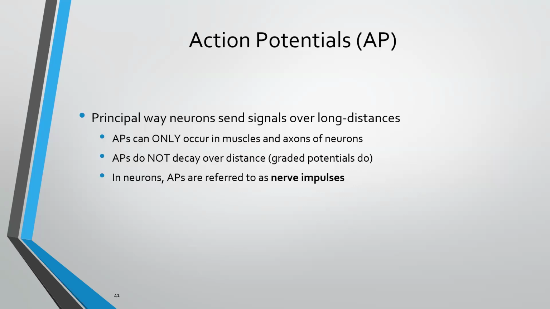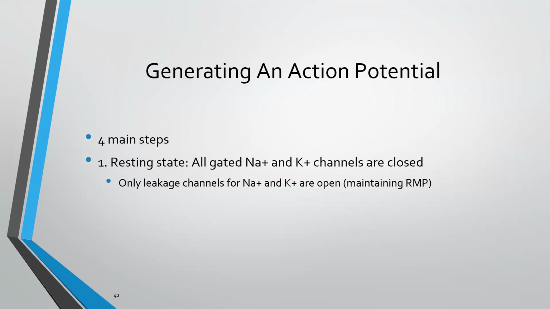Action potentials are signals sent over long distances. They can only occur in muscles and axons of neurons. They do not decay over distance like graded potentials do. And in neurons, they are referred to as nerve impulses.